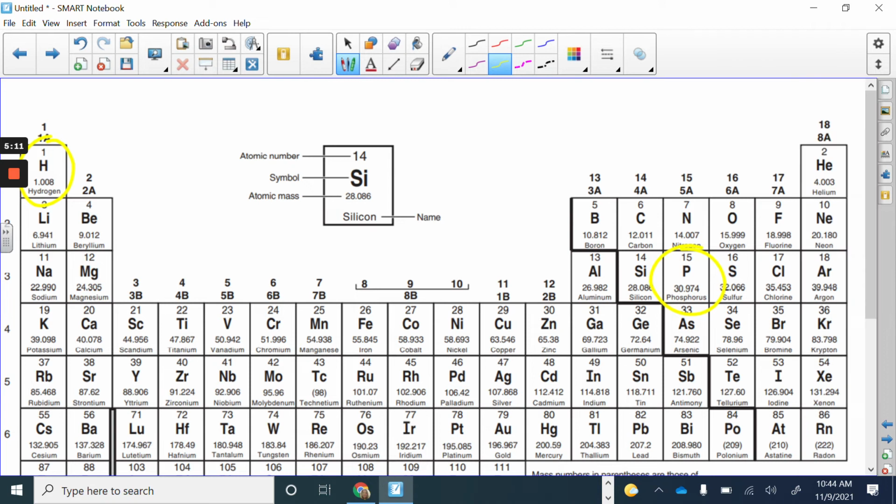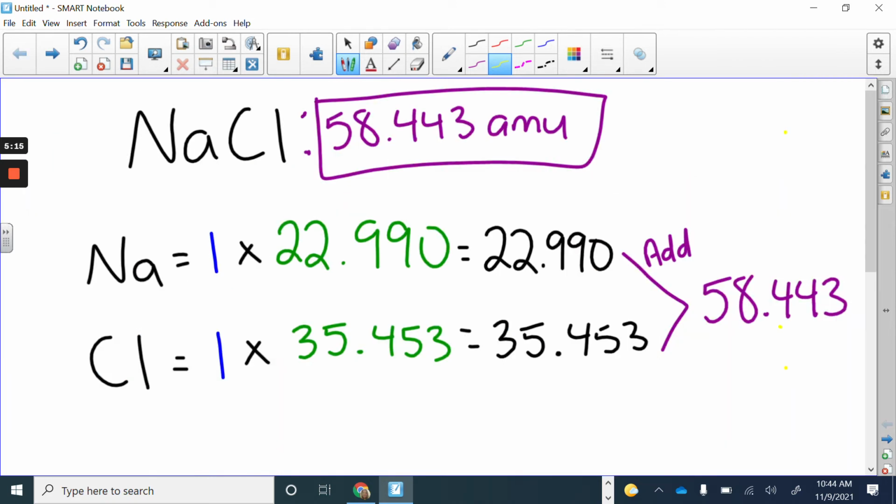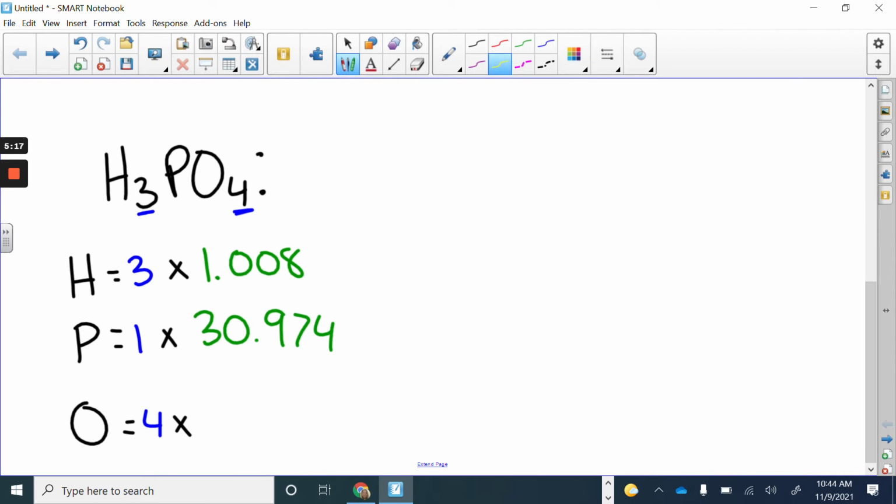Then I'm going to go back to the periodic table one more time, and we'll look at oxygen, which is 15.990. Now we are going to do those calculations.